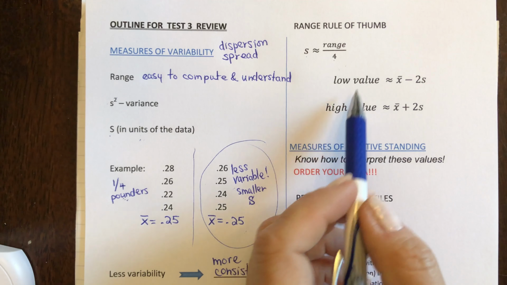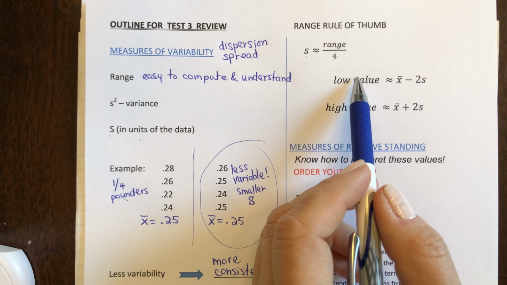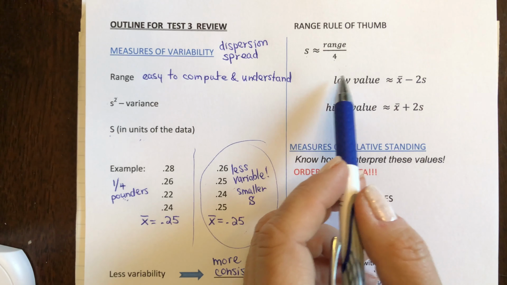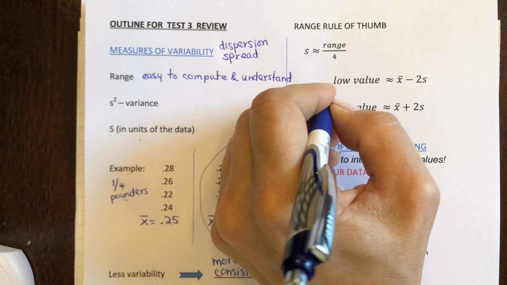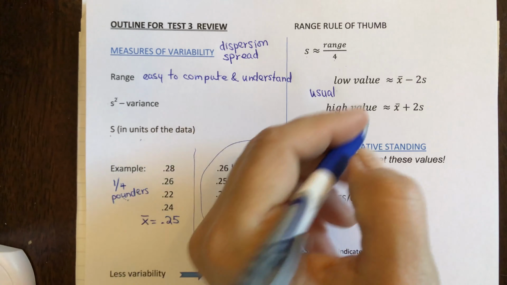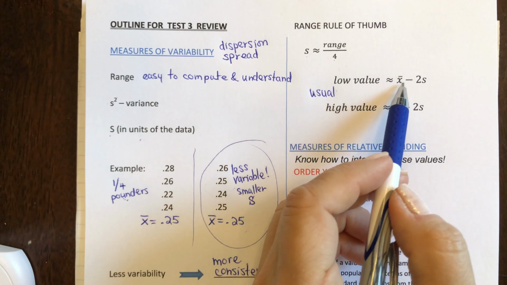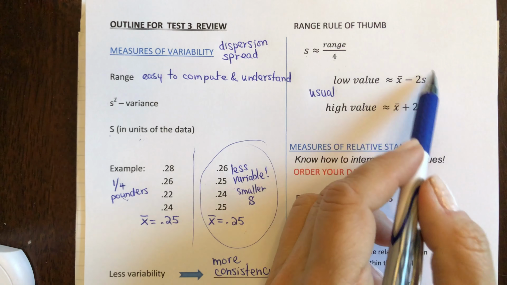You can also get a feel for the range from the standard deviation, in the sense that a low value and a high value are approximately, and remember, this is low usual values, okay? So usual values in your data set are going to be within 2 standard deviations of the mean.